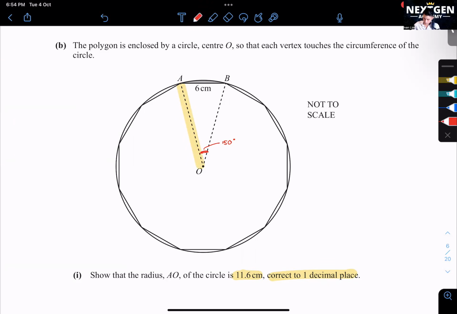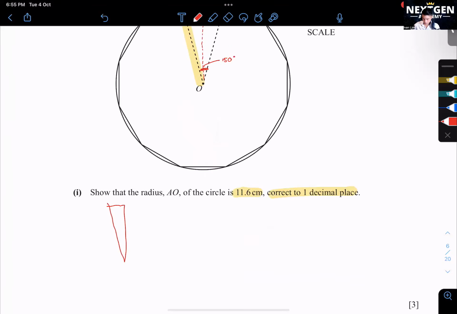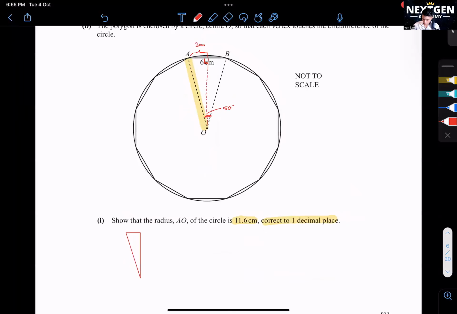I can split it in half, and then it becomes a right angle triangle. This part here will be 3 cm. So the triangle that I'll be using is O, A, and let's name this point M. This will be 3. And the angle here will be 150 degrees divided by 2, which is 75 degrees.